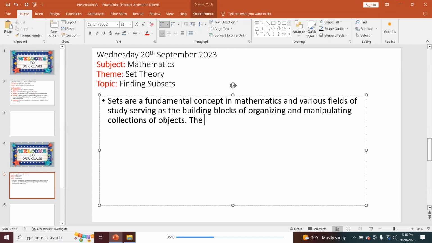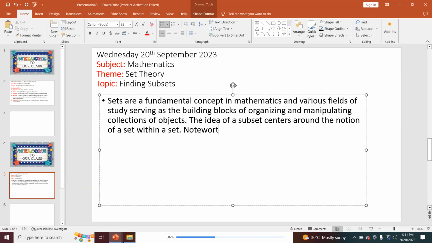The idea of a subset centers around the notion of a set within a set.